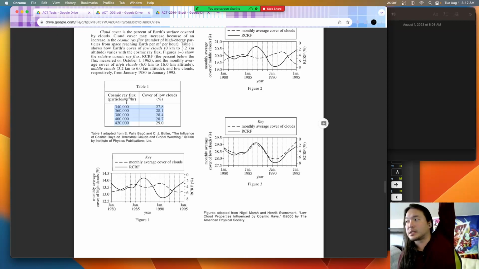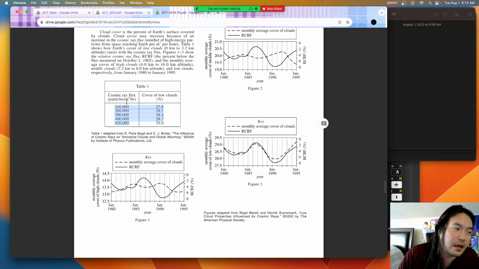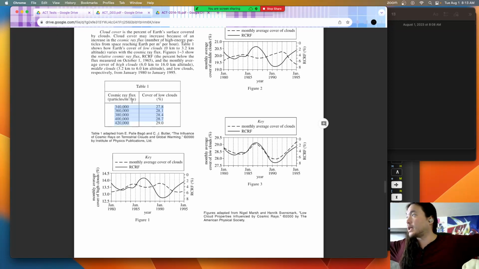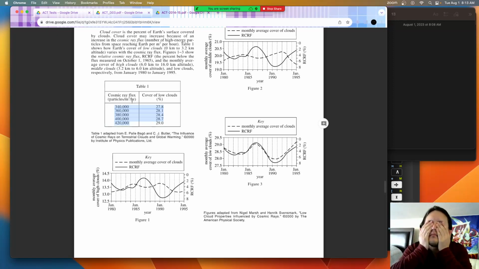It's a square about the size of a decent television, a big screen TV. They're saying that in any given hour, over 300,000 particles will strike it, which is crazy to think about.